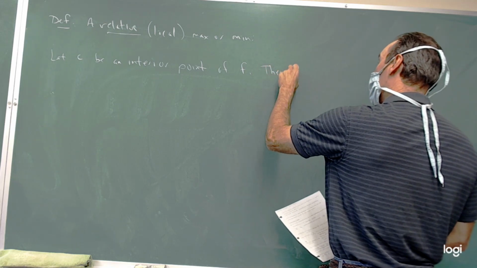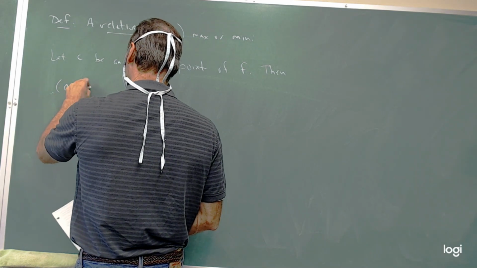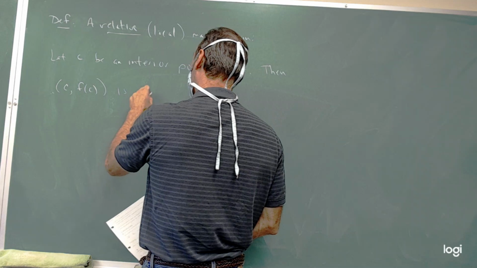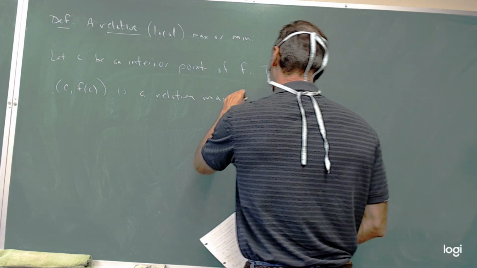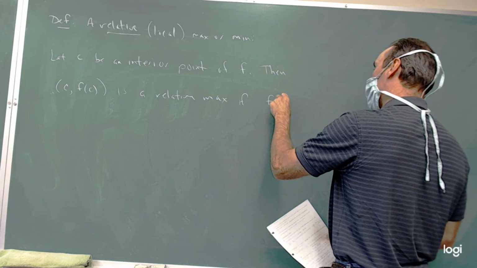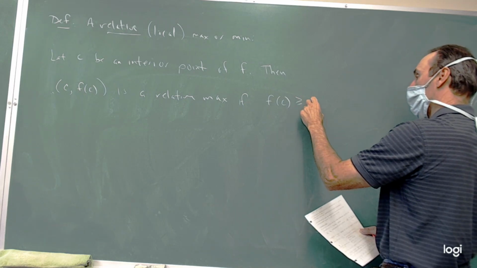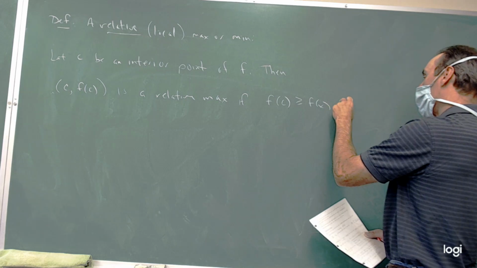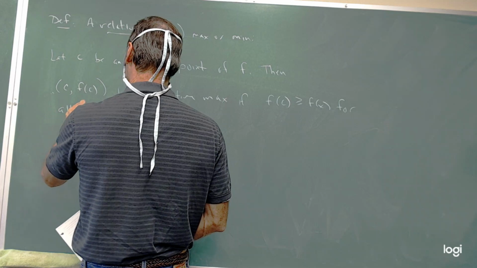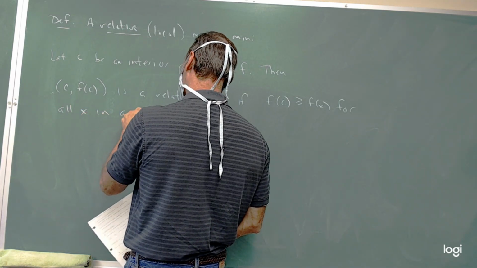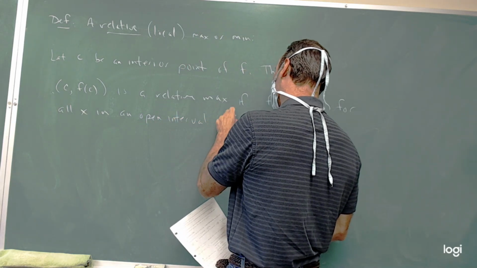Then we say the point (c, f(c)) is a relative or local maximum if f(c) is greater than or equal to f(x) for all x in an open interval containing c.